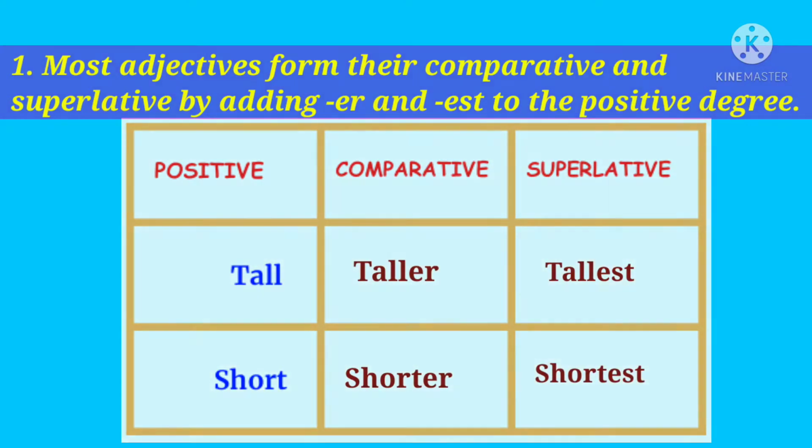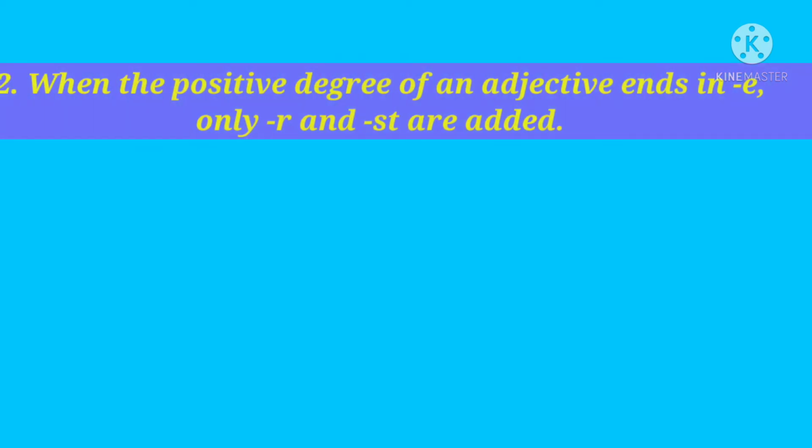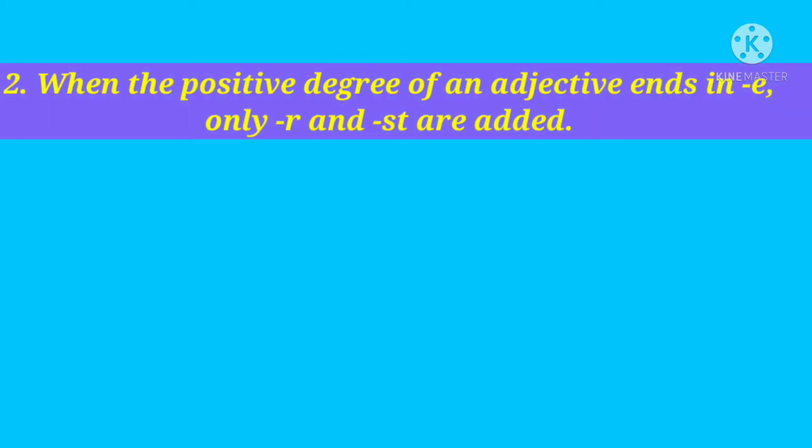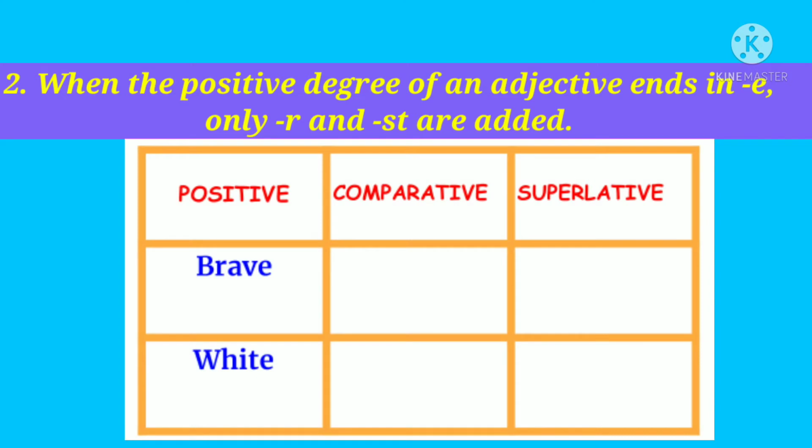The second rule is that when the positive degree of an adjective ends in e, only r and st are added. For example, these two are the positive degrees, that is brave and white.